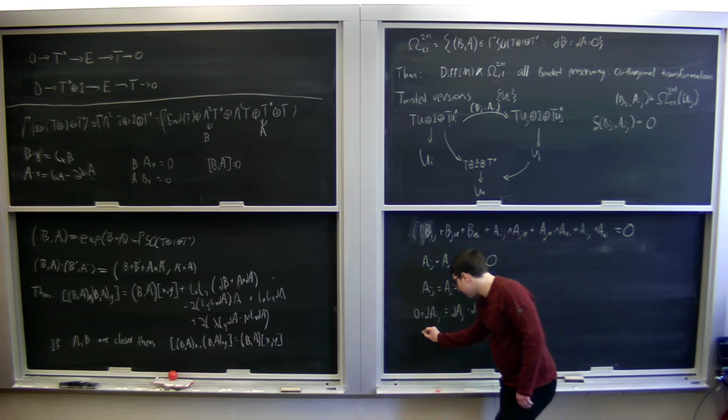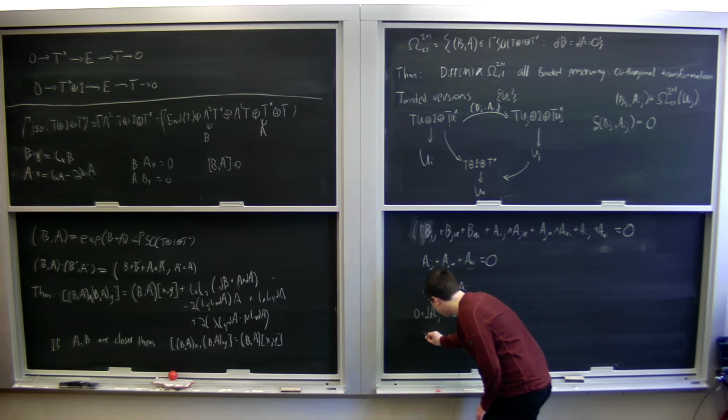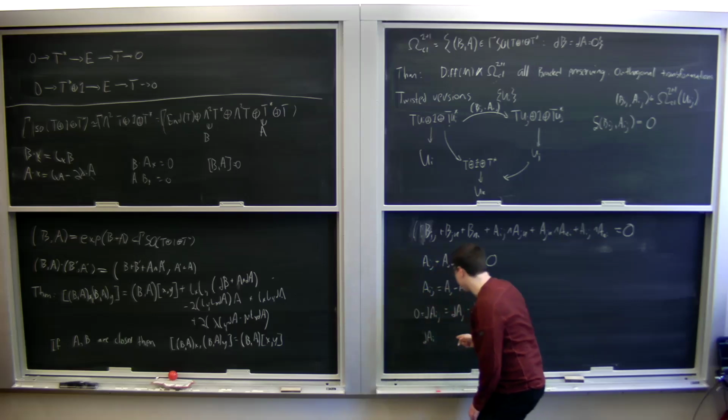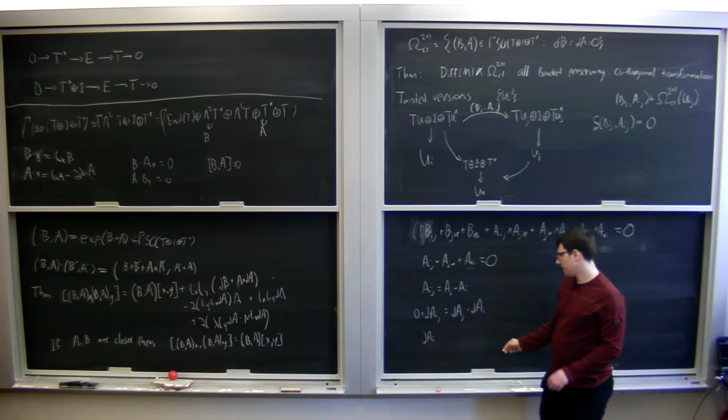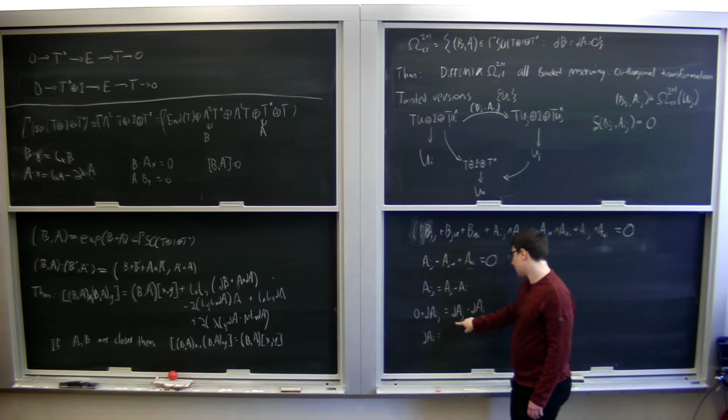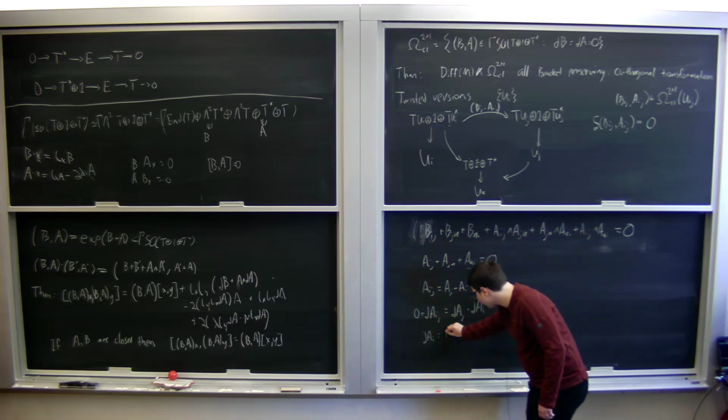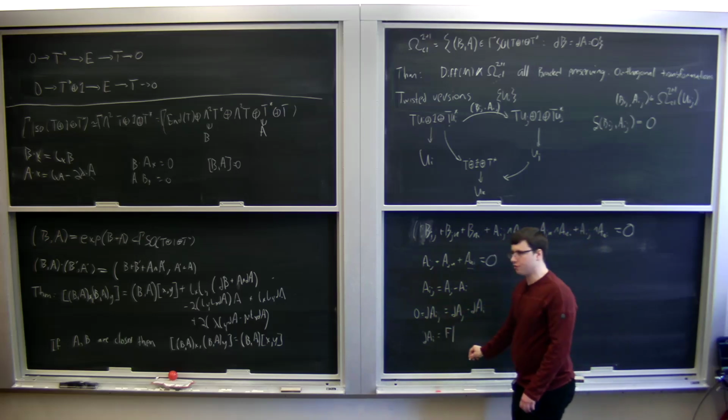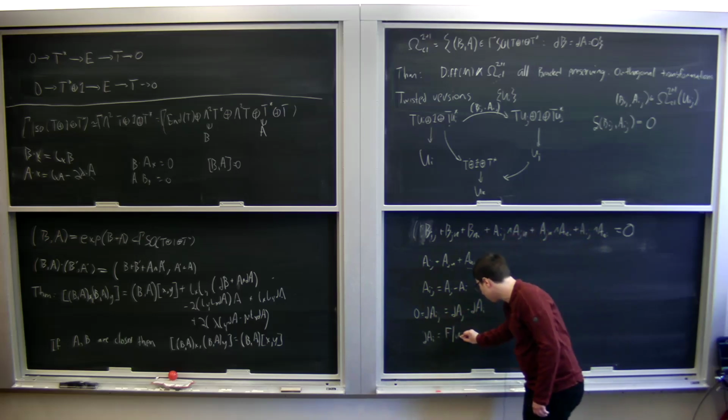So this means that dA_i are global, because if you take the difference on an intersection, it's 0. So these are just some global 2 form restricted to U_i.